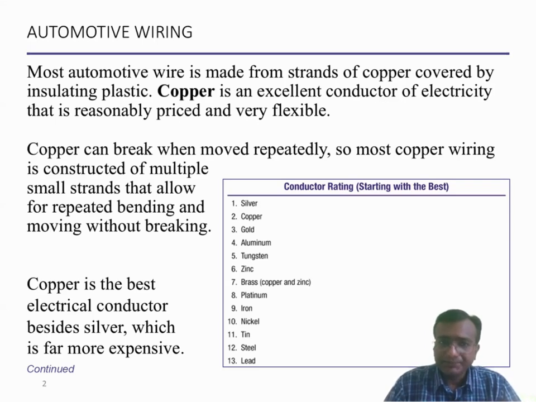One more peculiar property of copper is that it can break when moved repeatedly. In automobiles, we have to manage the electrical wiring in a very small space. In this case, we have to bend these wires at some point, and due to this bending, there are chances of the wires breaking.